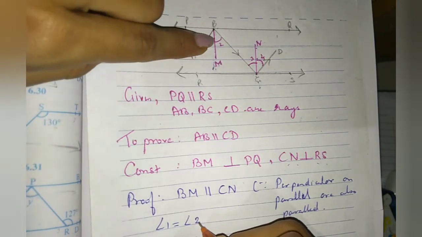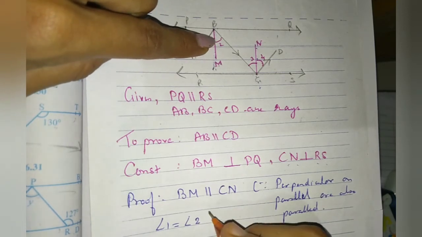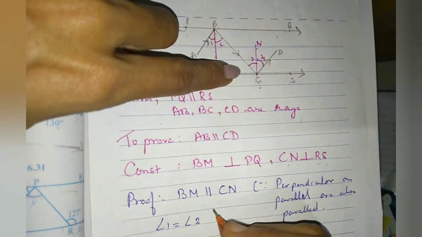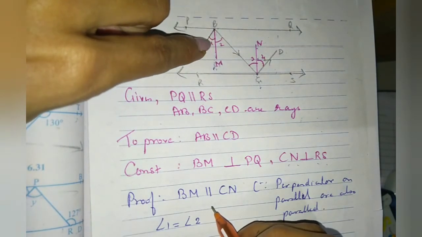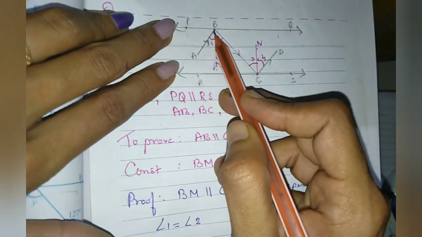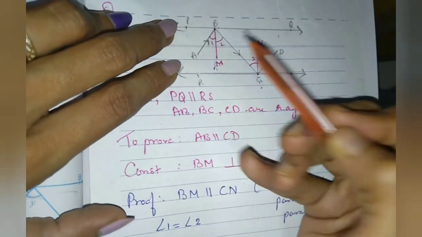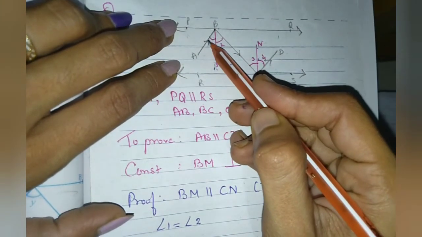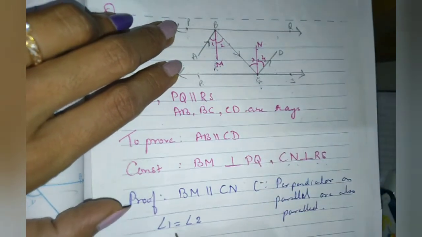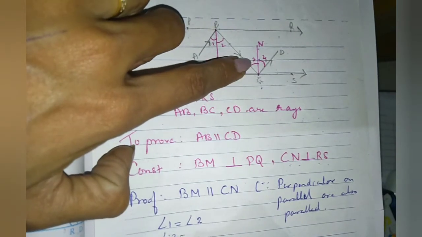This angle 1 is equal to angle 2 because of the law of reflection. The incident angle and the reflected angle are equal. This is incident ray AB and BC is the reflected ray, so according to the law of reflection, 1 equals 2.